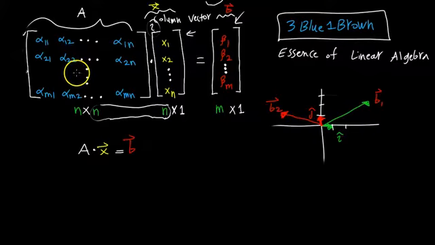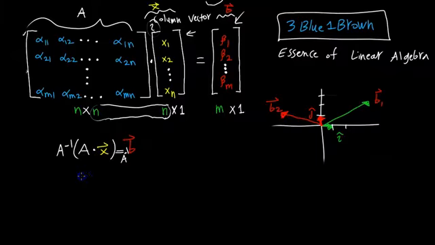And to find x, you'd have to get the A inverse and apply it to both sides, and what you would get is that A inverse and A would give you the identity matrix, and applying the identity matrix to x would just leave x, which is like multiplying by 1.